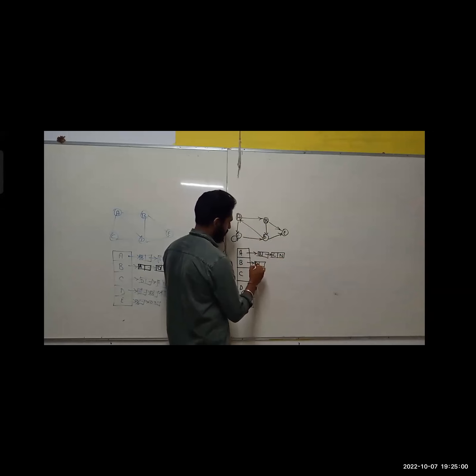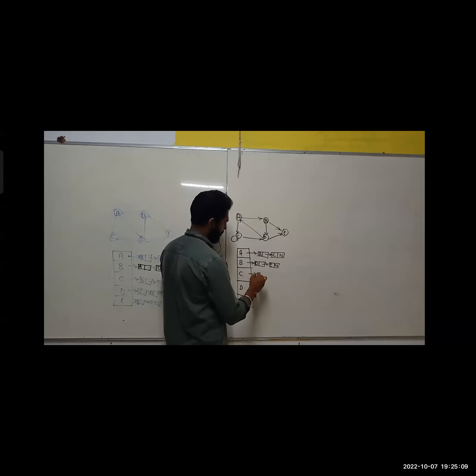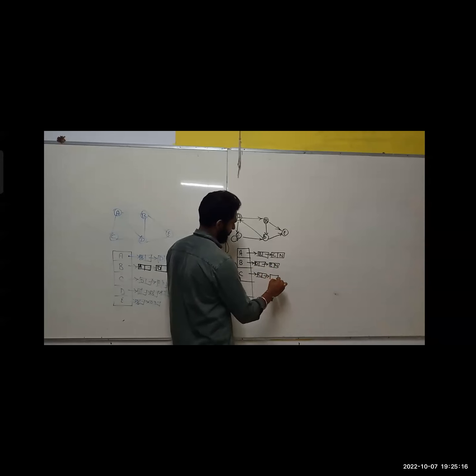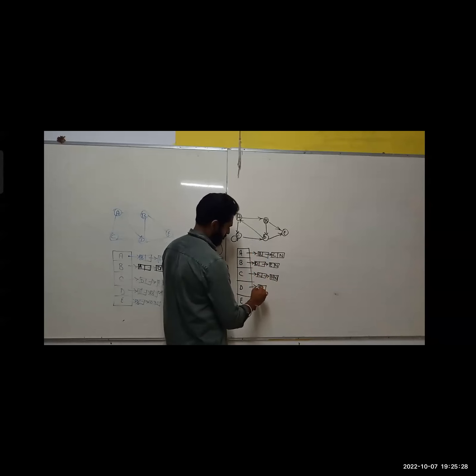It is D and it is E. And here C to C and then D. Got it? From D, it is A, E.